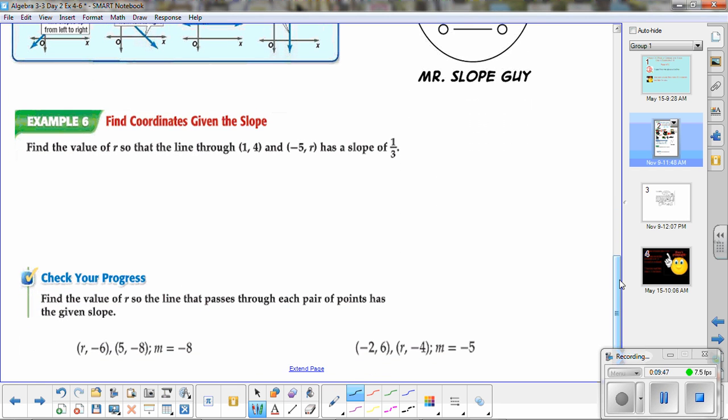The last example type is probably the trickiest in this lesson. It says find the value of r so that the line through 1, 4 and negative 5, r has a slope of 1/3. So what we're going to do is start out by using the slope formula. We're going to say r minus 4 over negative 5 minus 1.